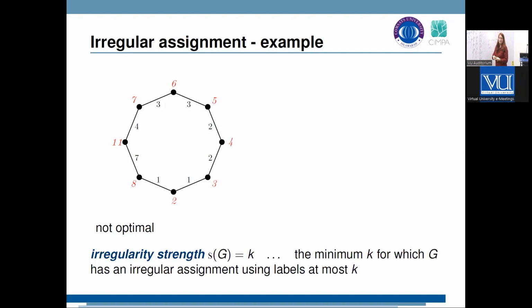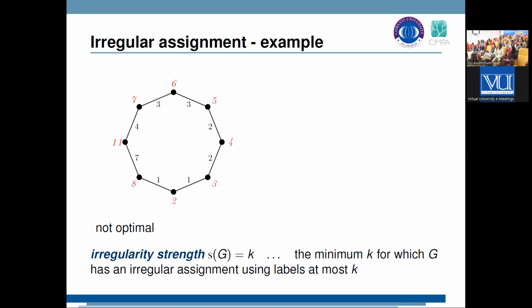So what is the minimum for the maximal vertex weight? The weights must be distinct, so it will be optimal if we have weights 3, 4, 5, 6, 7, 8, and 9, because we need to have 8 distinct weights of vertices.